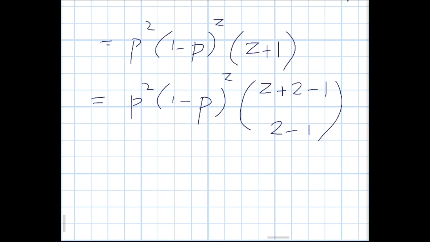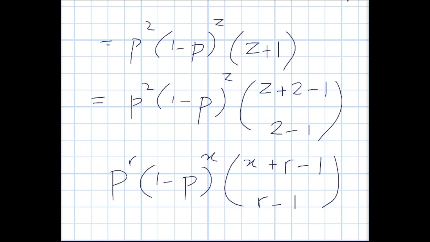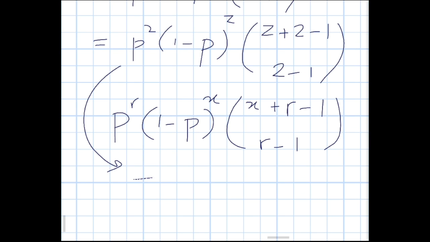Okay, so now let's compare this with the PMF of a negative binomial. Negative binomial, we have p to the r (1 minus p) to the x, x plus r minus 1 choose r minus 1. So this means that z is actually negative binomial with r equal to 2 and parameter p.